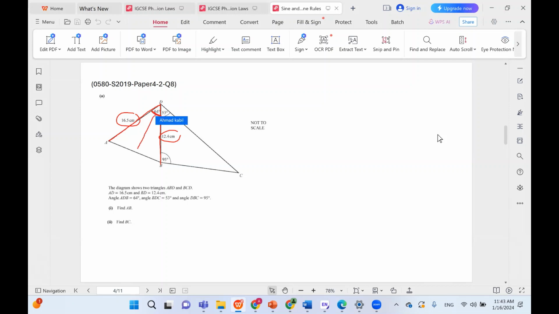And the side opposite to the angle, this is where we put the letter C. And now we have C squared equals 16.5 squared plus 12.4 squared minus 2 times 16.5 times 12.4 multiplied by cosine the angle.